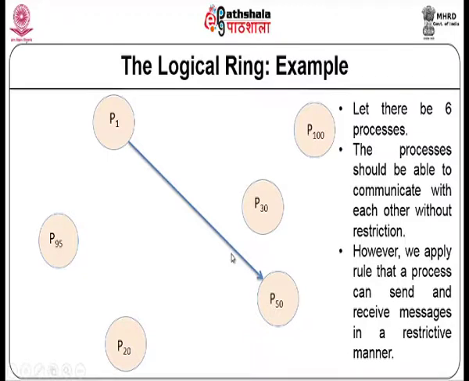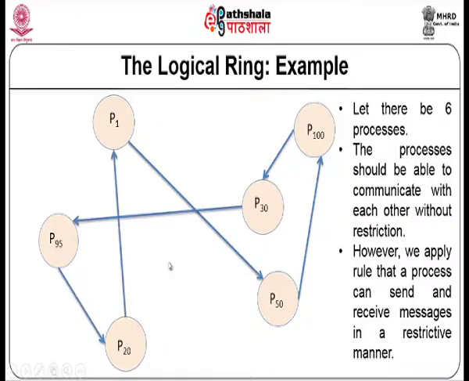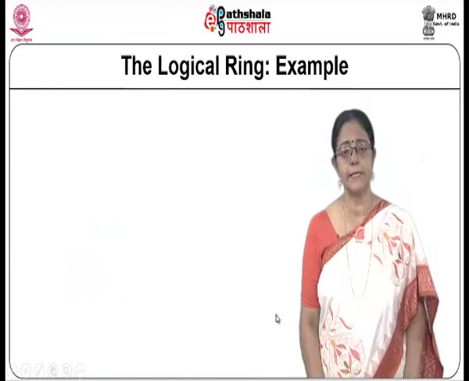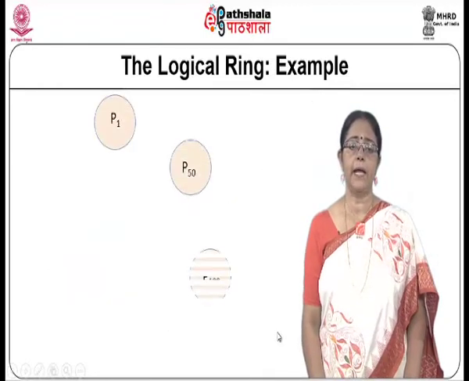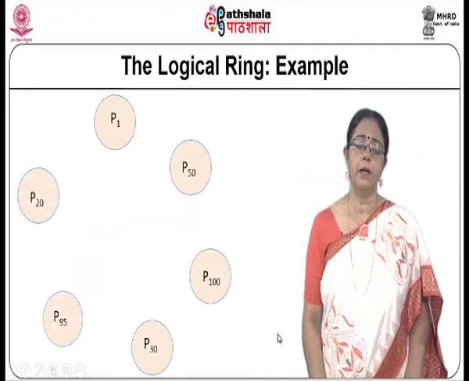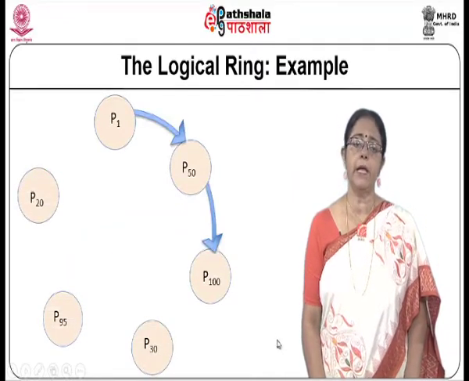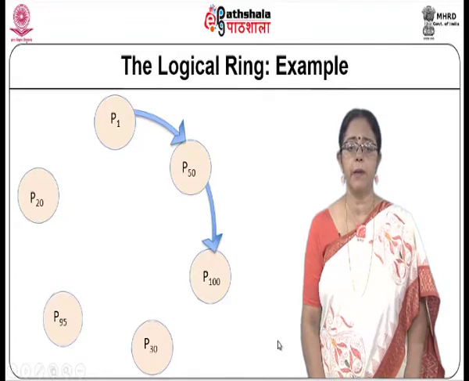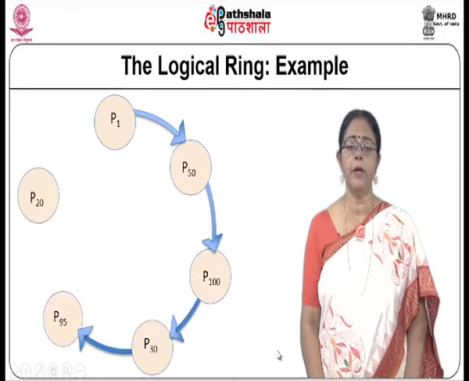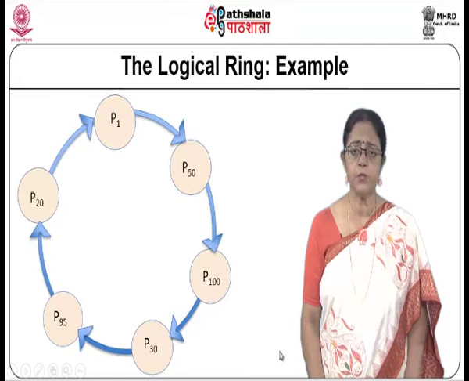For example, if we say P1 is able to communicate only with P50, P50 will be communicating only to P100, P100 to P30 and so on. Then this forms a ring, our logical ring, and we have the communication channel between them, P1 to P50, 50 to 100, 100 to 30 and so on.